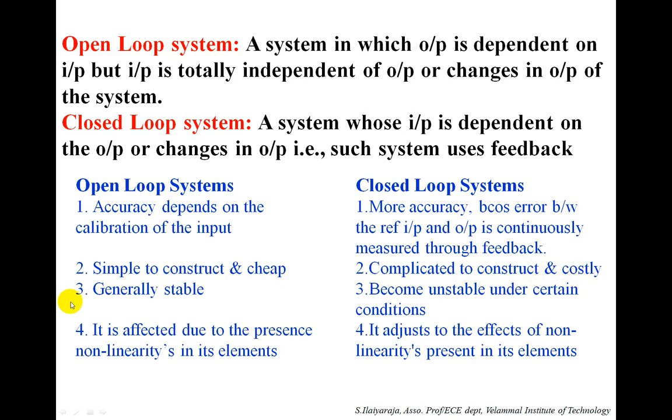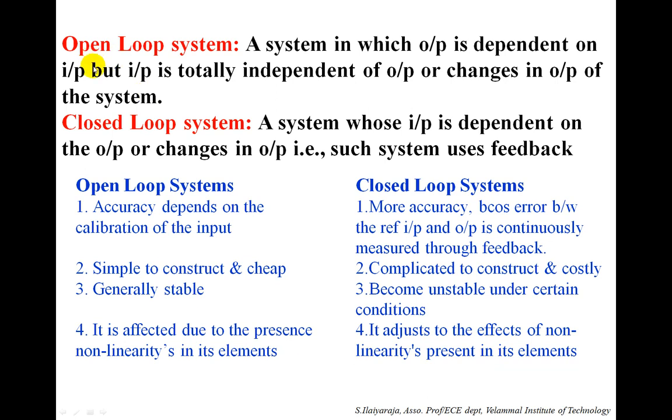The third comparison: in general the open loop system is stable, and the closed loop system becomes unstable under certain conditions. The open loop system is affected due to the presence of non-linearities present in its elements. In the closed loop system, it adjusts for the effect of non-linearity present in its elements because of the feedback.